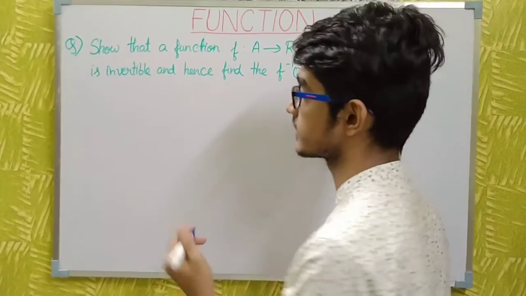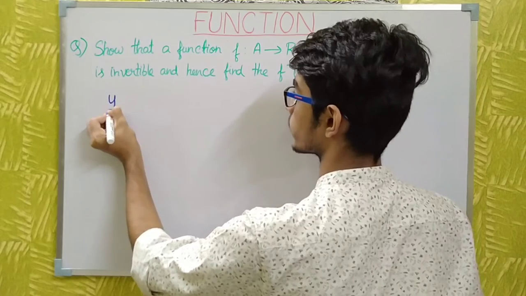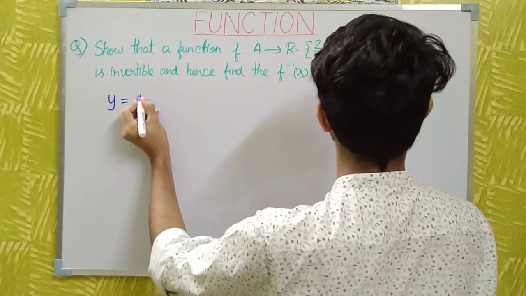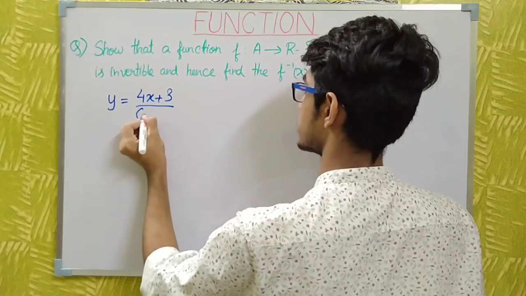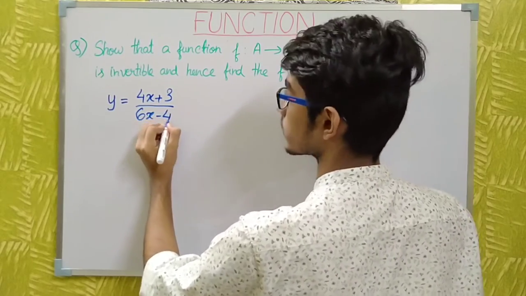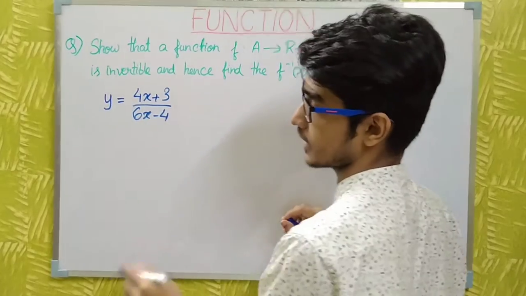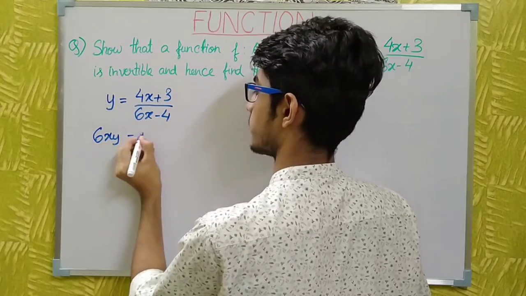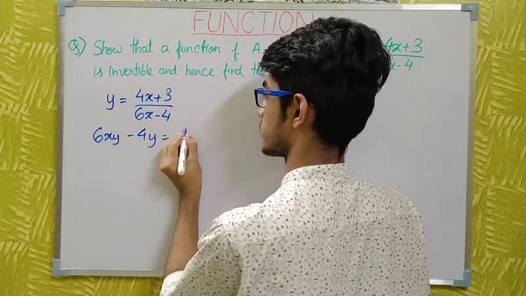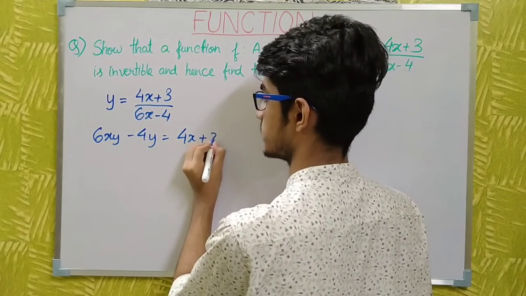Now let's show it is surjective. For surjective, I have told that you have to take y equals 4x plus 3 by 6x minus 4. Now we have to make x the subject, then by cross multiplying, 6xy minus 4y equals 4x plus 3.